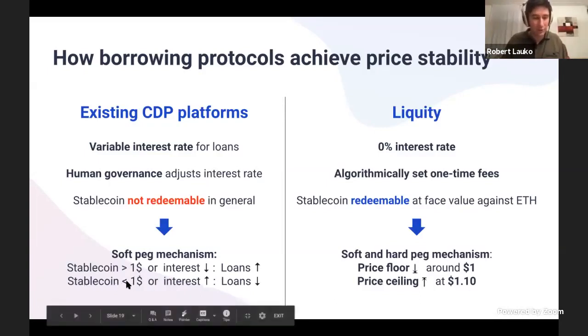And the other way around, the opposite is true. If it's below $1, it makes sense for you to repay maybe even a bit earlier than you would have repaid if it was exactly $1.